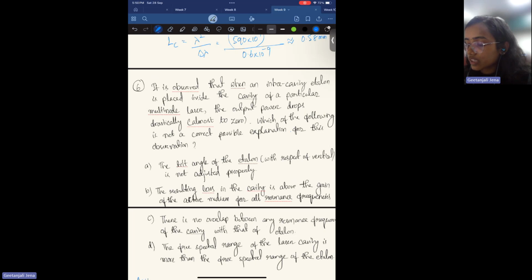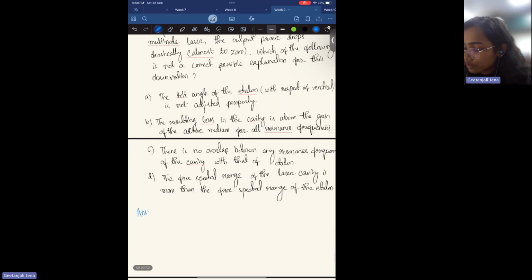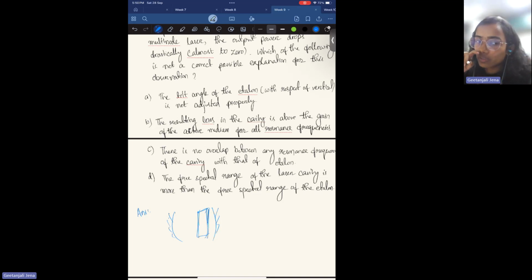Then which one of the following is not a correct explanation for this observation? So you have a resonator system and you have an intracavity etalon. If you recall, intracavity etalons are used for single mode lasers, right? If you have a multimode laser oscillation, then by using an intracavity etalon, you can get a single mode laser.